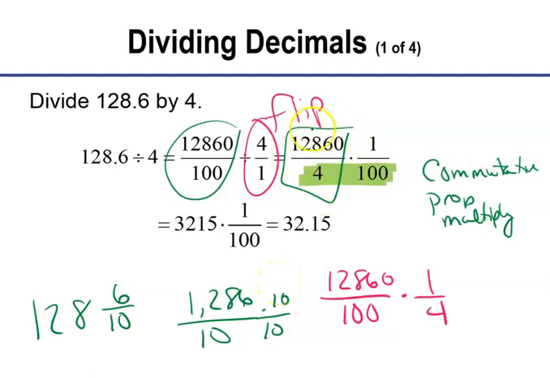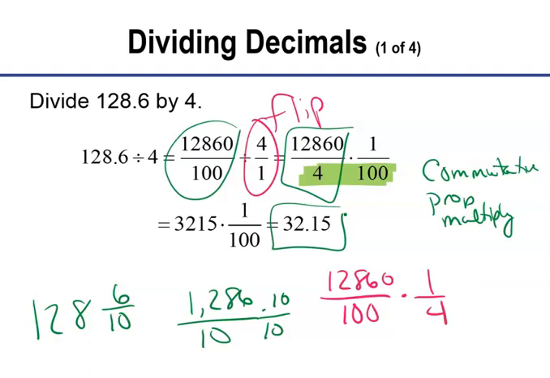But that doesn't divide by 4 and give you a whole number, okay? Because 4 doesn't divide into 86. Remember the divisibility test for 4 has to divide into the last 2 digits, but it does divide into 60 when we multiplied it by 10, and that gives us 3,215. And then you have this 1 over 100 here, so that makes it 3,215 hundredths, which is 32 15/100.